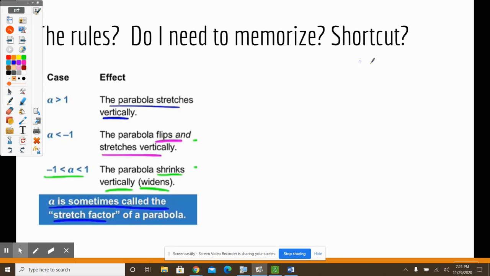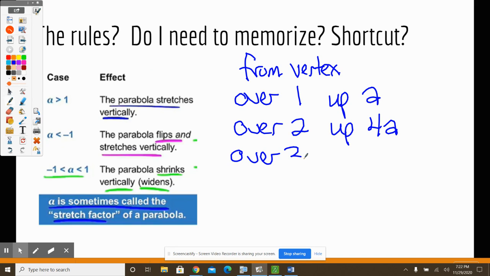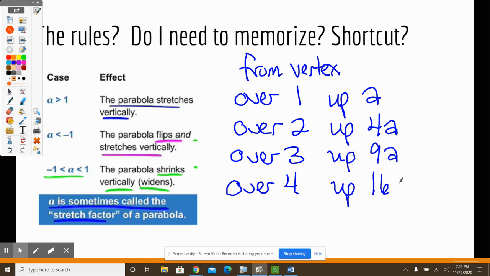Okay, do you need to memorize this? No, I think you'll know. What I like to tell kids to do is always go to that vertex first. From the vertex, you know how I said you go over 1, up 1? Really, it's over 1, up A, over 2, up 4 times A, over 3, up 9 times A, over 4, up 16 times A. That's how I like to think of it.